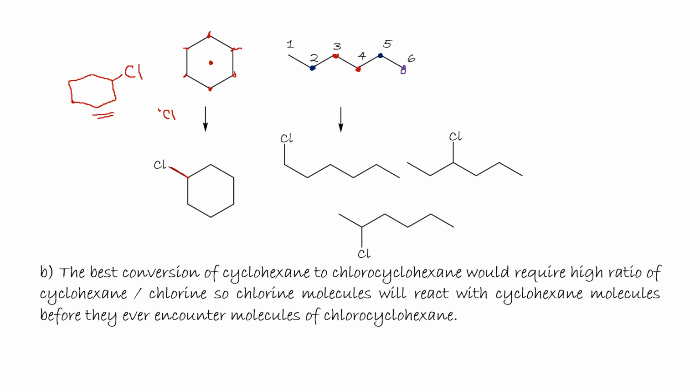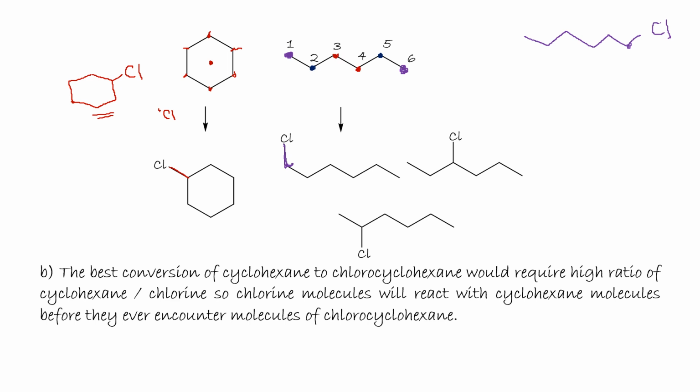CH3 on 1 or 6, they are the same. In other words, if I replace one of the carbon 1 by Cl, it is the same: this is 1-chlorohexane and this one is 1-chlorohexane. They are identical, the same.